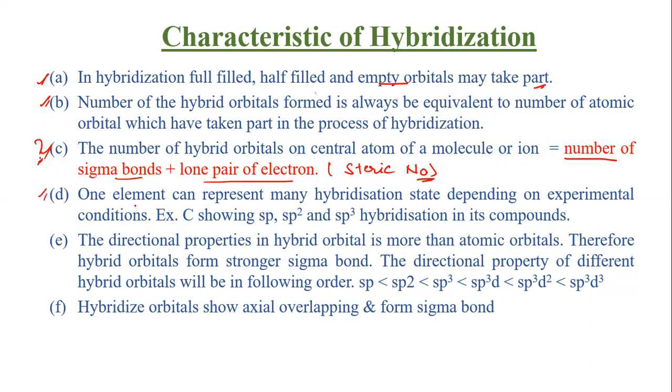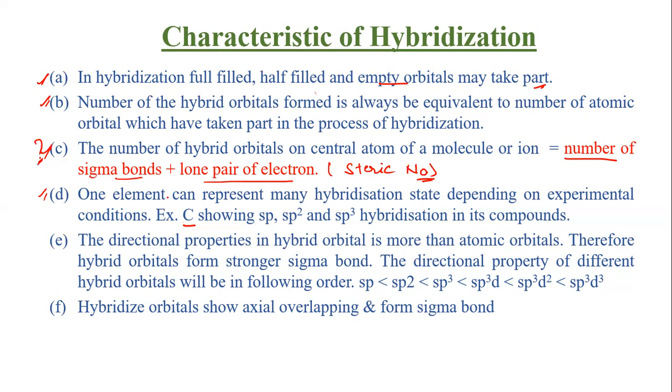The next point is that one element can represent many hybridization states depending upon the experimental condition. For example, the atomic number for each element is a constant thing. What is the atomic number of carbon? 6. For nitrogen, it is 7. But in the case of hybridization, it is not a fixed entity.